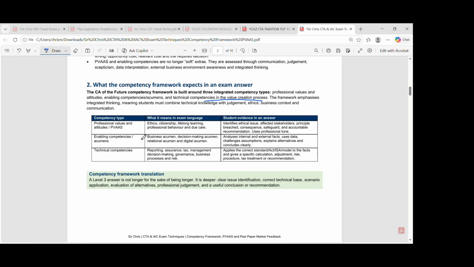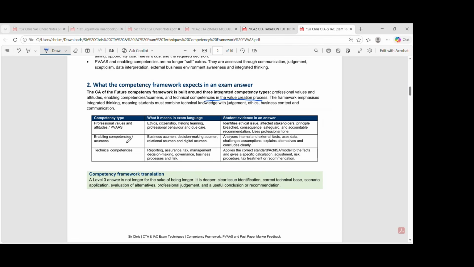So there are three things I need you to understand. What do professional values and attitudes entail? It's ethics, citizenship, lifelong learning, professional behavior. So student evidence identifies ethical issues. Who are the affected stakeholders? Which principle is breached? Which consequence, safeguard, accountable recommendation, and the use of a professional tone.